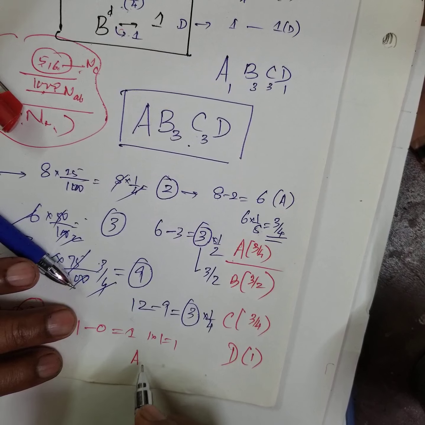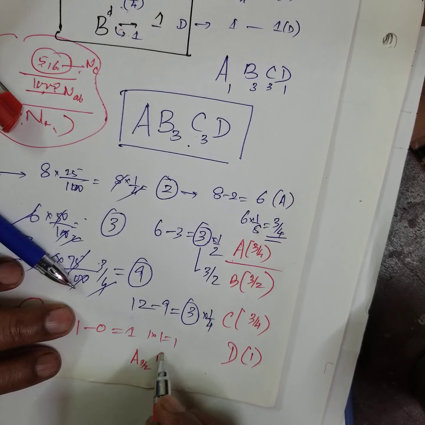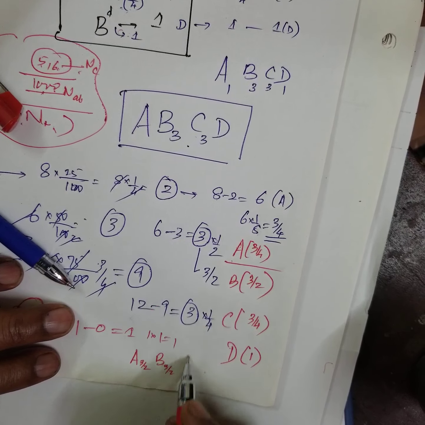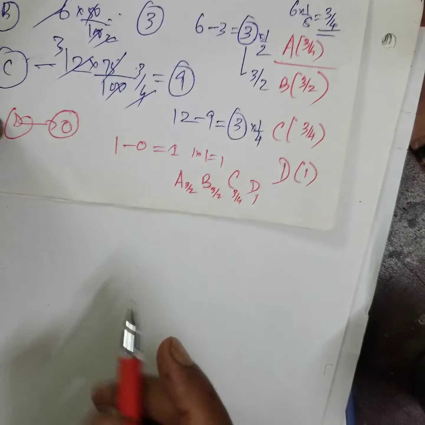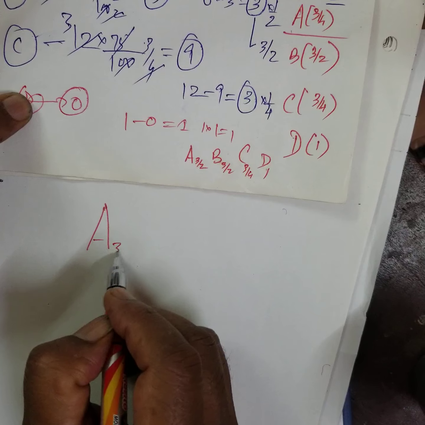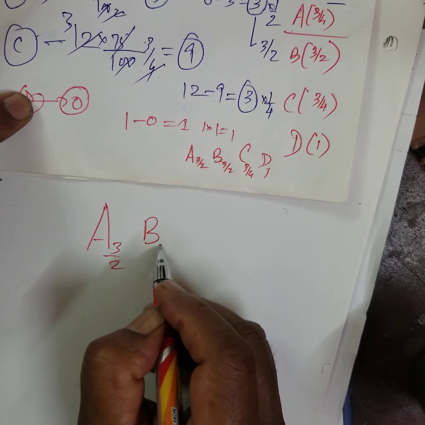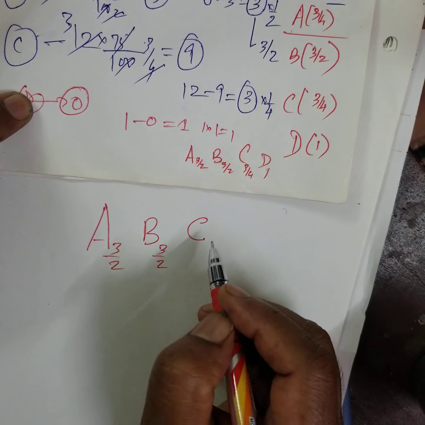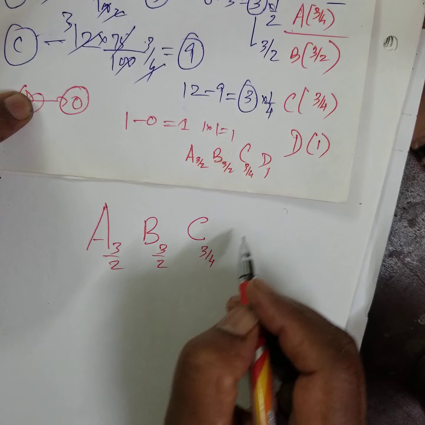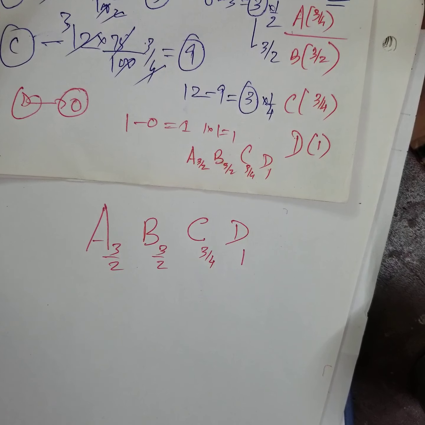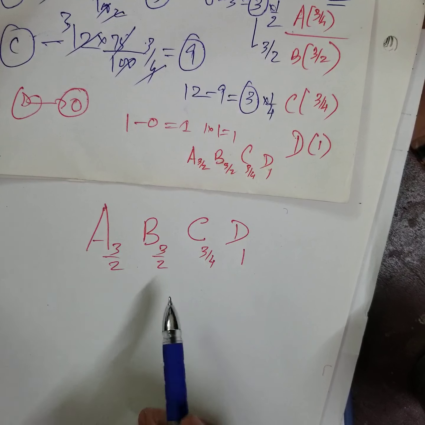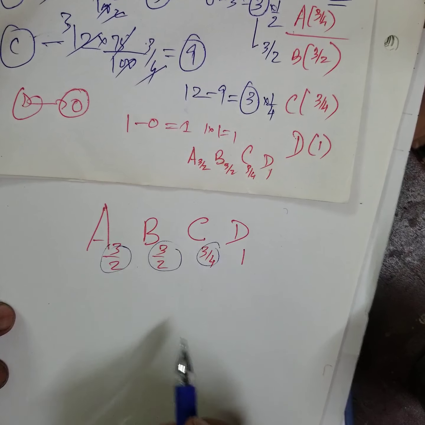Therefore, A 3 by 2, B 3 by 2, C 3 by 4, D 1. This is the formula. But you have to make it a whole number, is it not? All are fractions.